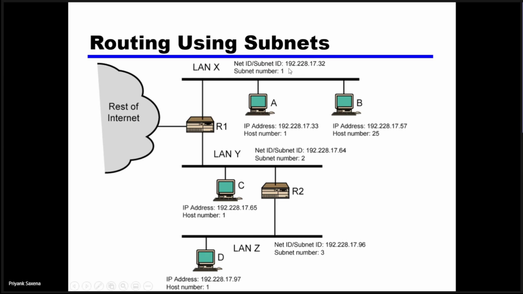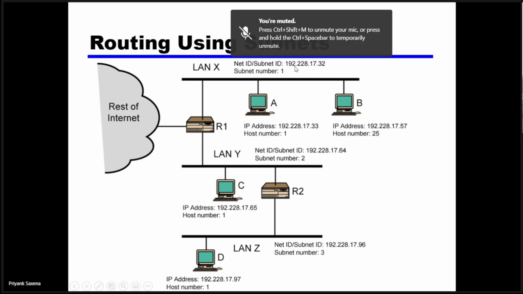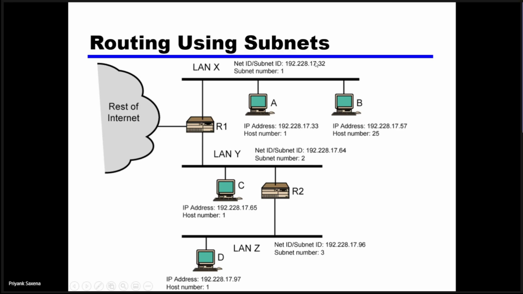In class C, the first 24 bits are reserved for the network, so 192.228.17 specifies the network ID.